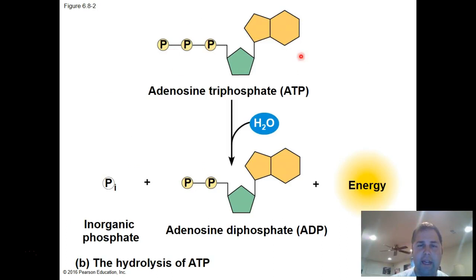So when we take an ATP and hydrolyze it using a water reaction we talked about in chapter 3, we will get an ADP, only 2 phosphates, an inorganic phosphate, which is just shorthand for that phosphate that came off, and energy that is released. Now, it's convenient in a drawing to just say this energy is released, but that energy isn't just floating around in space. It is actually being captured onto another bond, another molecule, and so that work can be done inside of the cell.